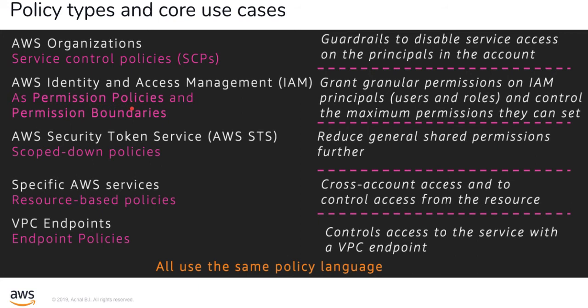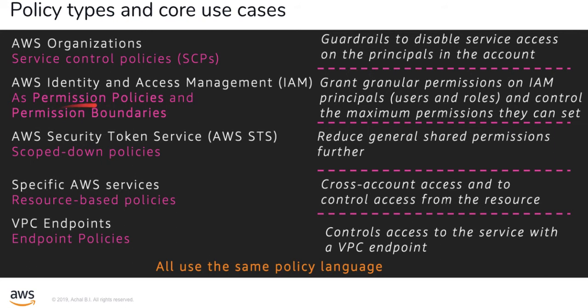So if we don't have an organization, or even if you have an organization, we have something called IAM. This provides granular permissions to your IAM principals. They have two things under them.